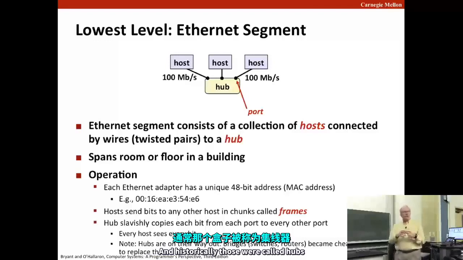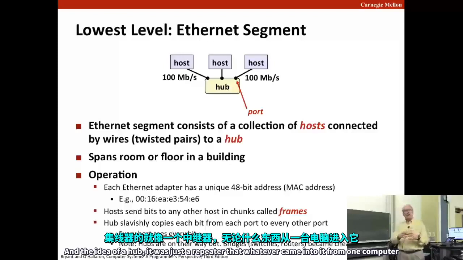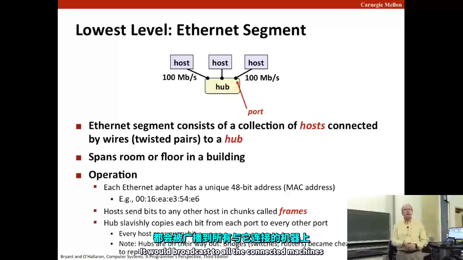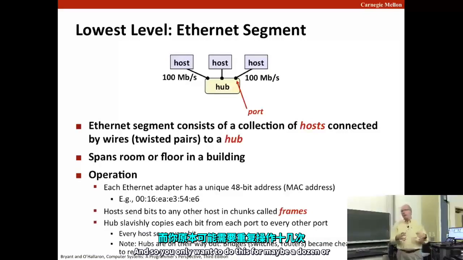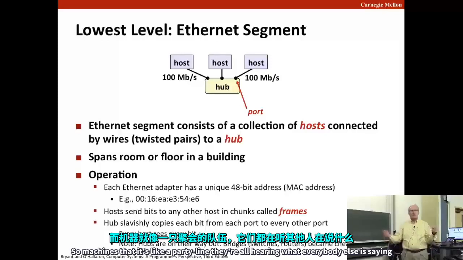And historically, those were called hubs. The idea of a hub was that it was just a repeater: whatever came into it from one computer, it would broadcast to all the connected machines. And so you only want to do this for maybe a dozen or so machines. It's like a party line. They're all hearing what everybody else is saying.